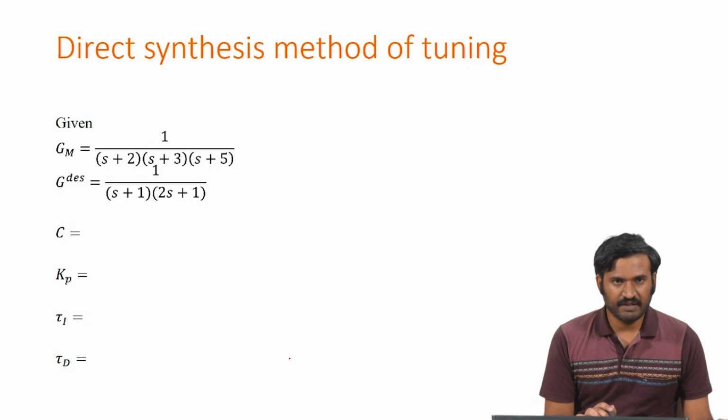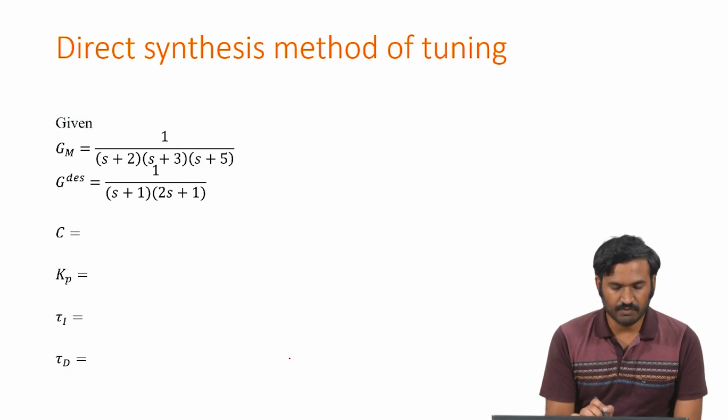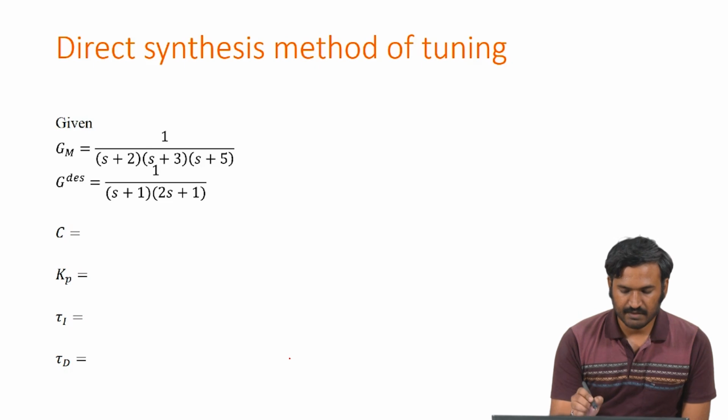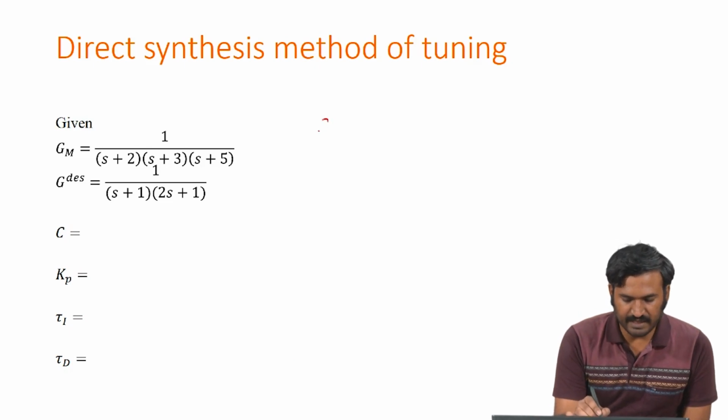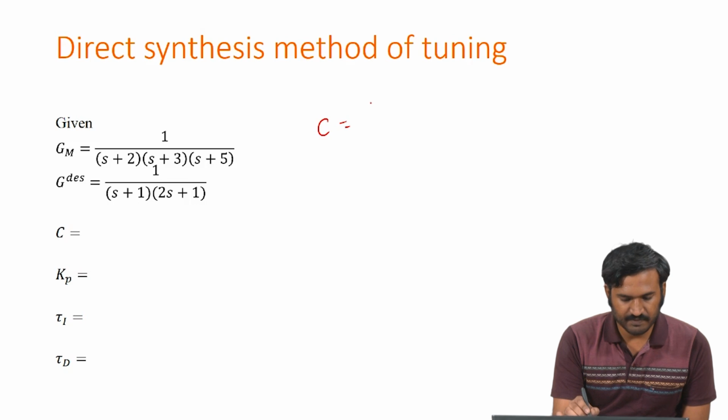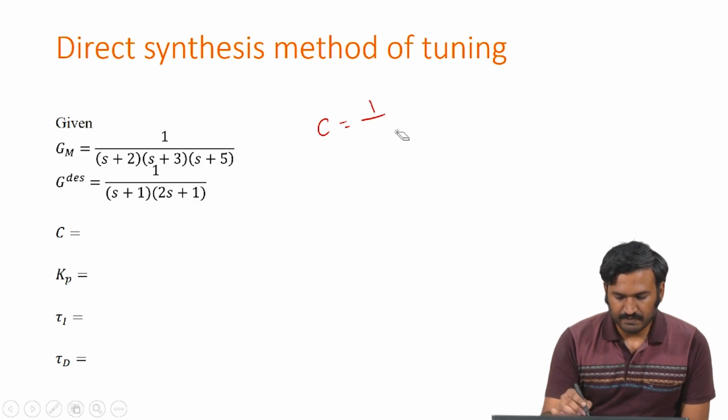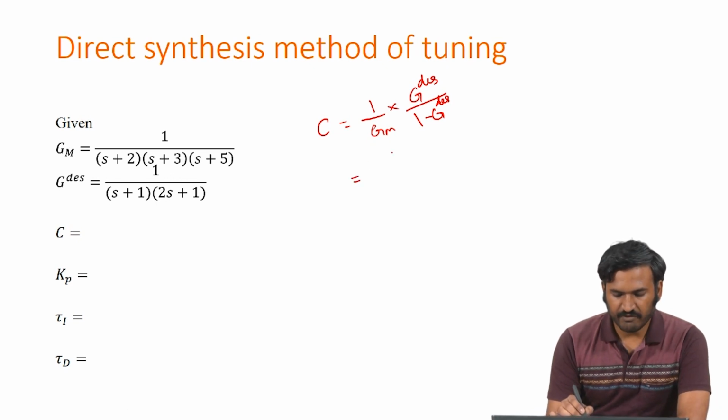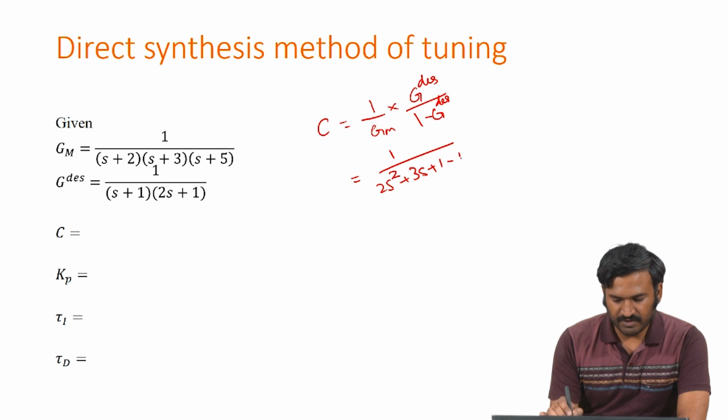This is another example which I can show by working out here. Let's say C is 1 by GM times G desired by 1 minus G desired. So that will be 1 by s(2s square plus 3s plus 1) minus 1 times (s plus 2)(s plus 3)(s plus 5).